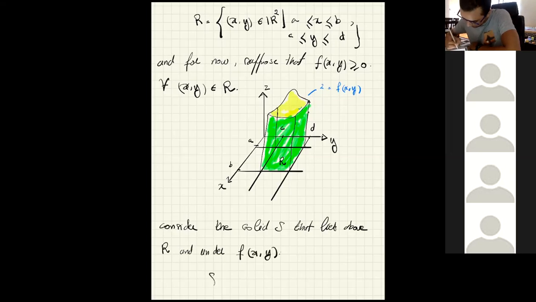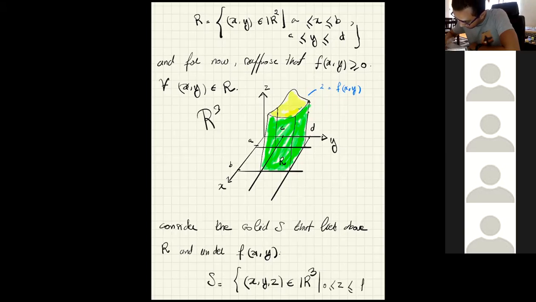So the solid is given by all the points (x, y, z) in R³, such that z is between 0 and f(x, y), and (x, y) is in the rectangle R. That's the solid S.